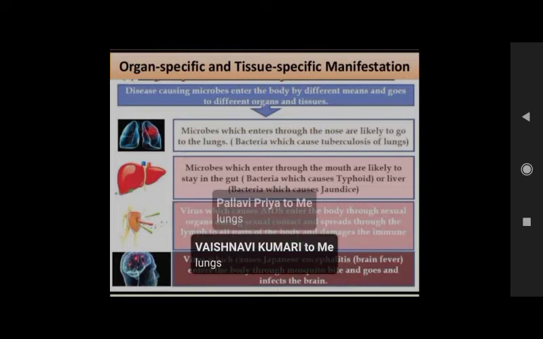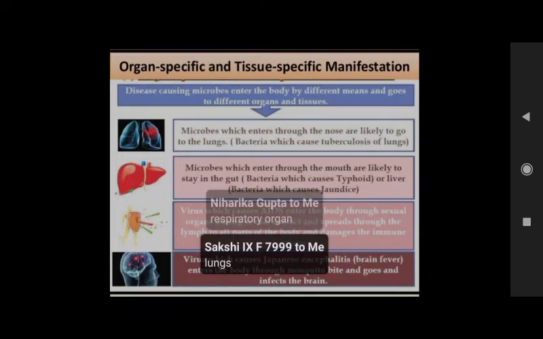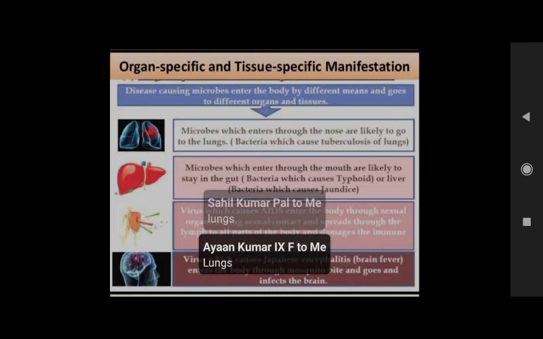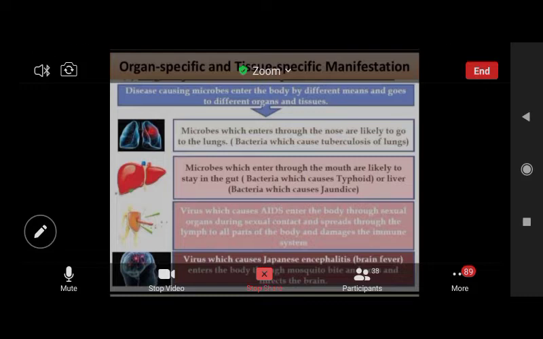Correct, Pallavi, Vaishnavi. Yes, correct, Piyush, Aditya, Niharika, Sakshi, very correct. Sahil, Ayan, correct.